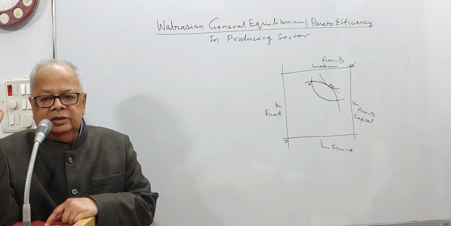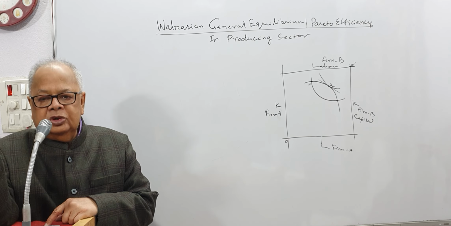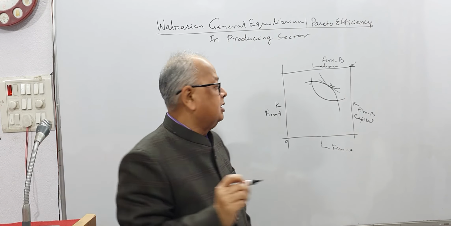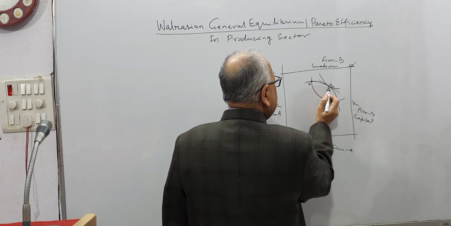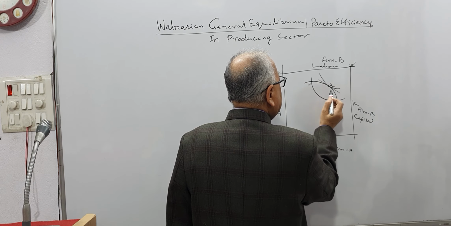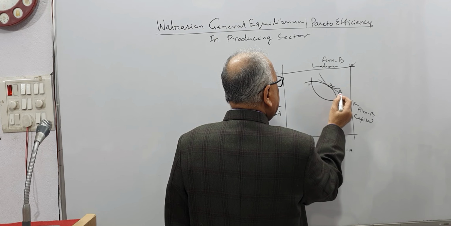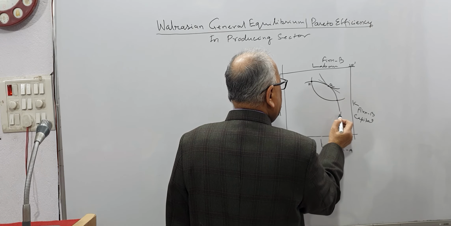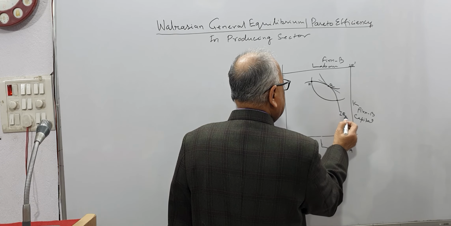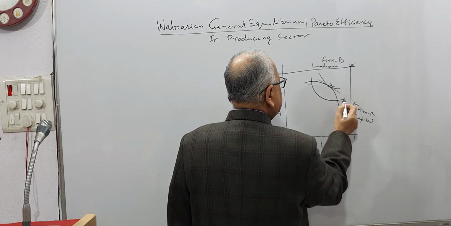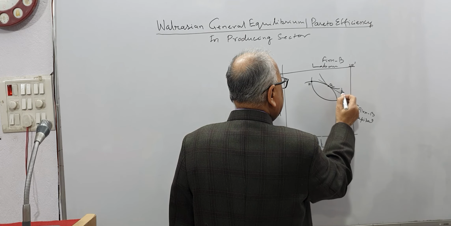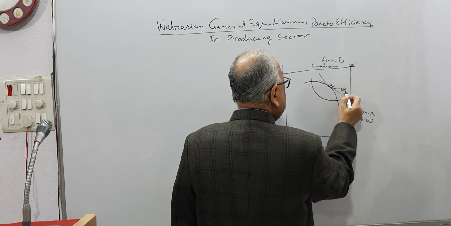At H, there is a Pareto optimal position because the factor price line is tangent to both the isoquant of B firm and the isoquant of A firm.